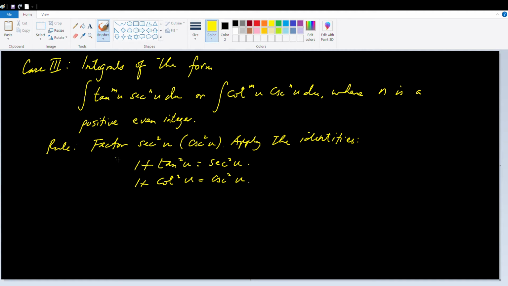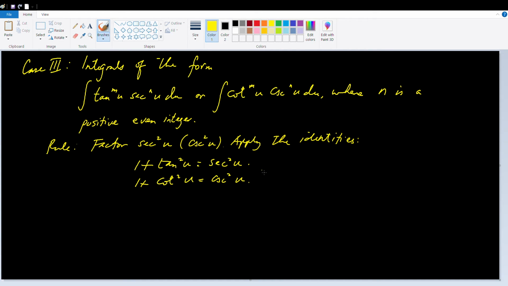So what we do is, after factoring secant squared, express the remaining factors in terms of tangent, because we know that the derivative of tangent is secant squared u. So any power of tangent together with secant squared u du, we can apply the power formula.